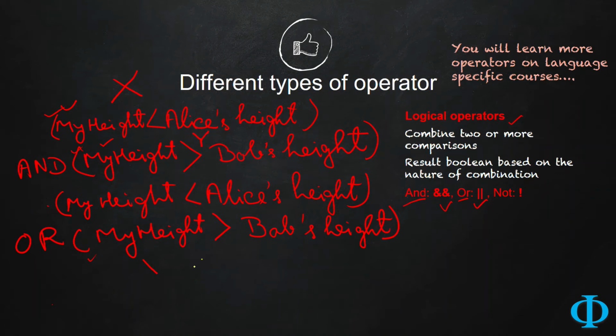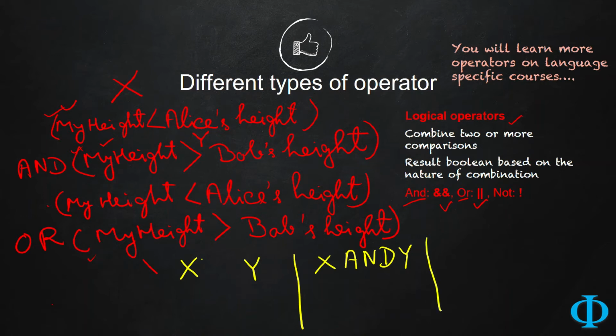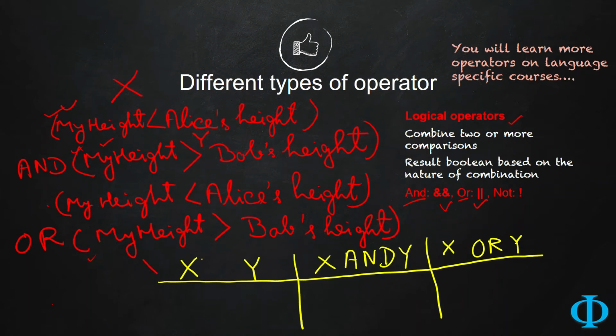So here we have the comparison X, then the comparison Y, then we check X and Y, and here we check X or Y. Just remember, X means my height is less than Alice's height or not, and Y means my height is greater than Bob's height or not.